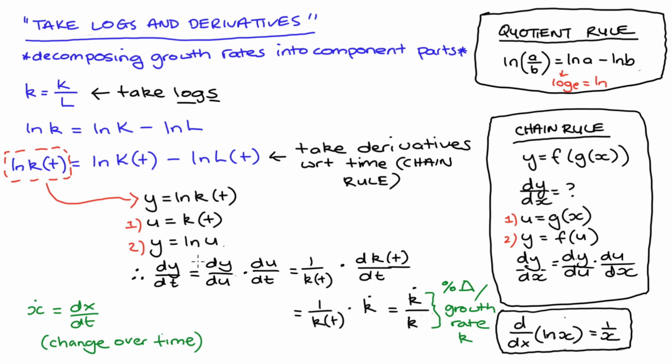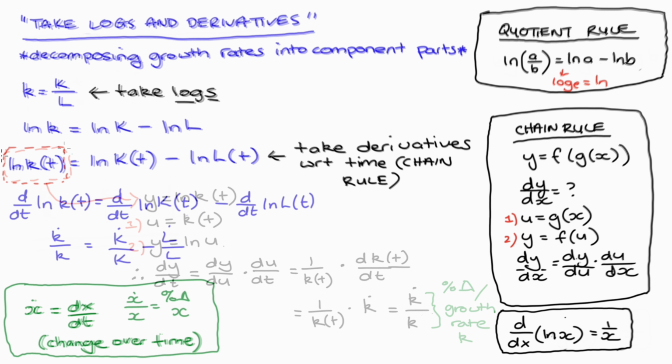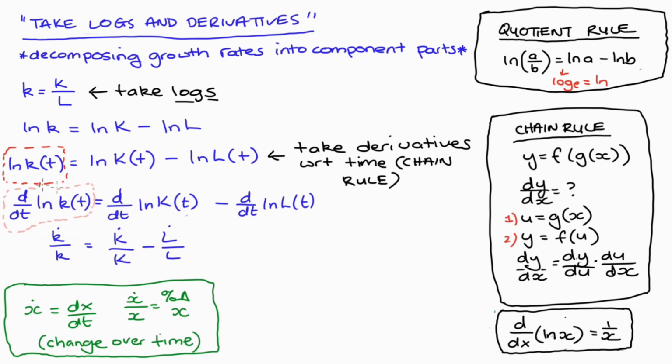So we've shown that when we take the derivative of our logs with respect to time, we get back growth rates. Just recapping, if we take the derivative of log of little k, we get the growth rate of little k back.